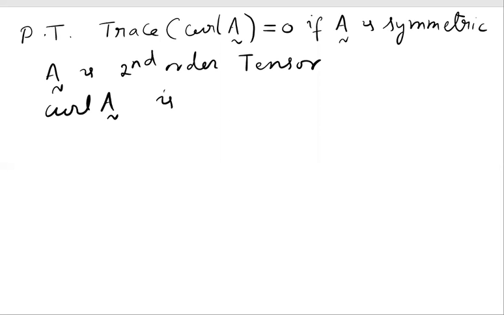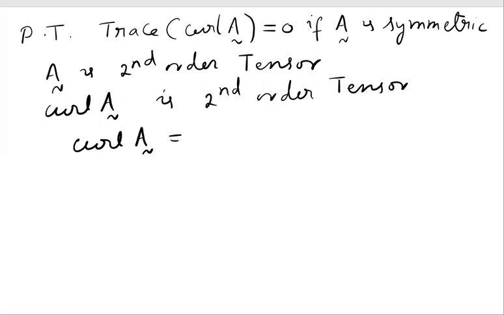Curl A is also a second order tensor, because by applying curl, the order will not change. What are the components of curl A? It is a second order tensor, so how many free suffixes will there be? Two free suffixes, given as i and j.